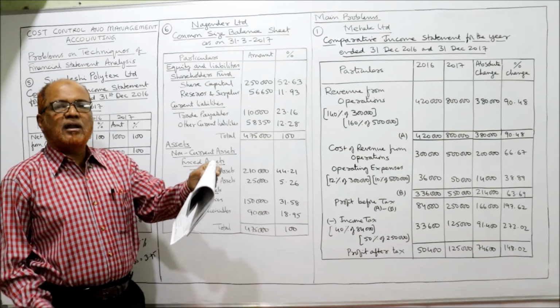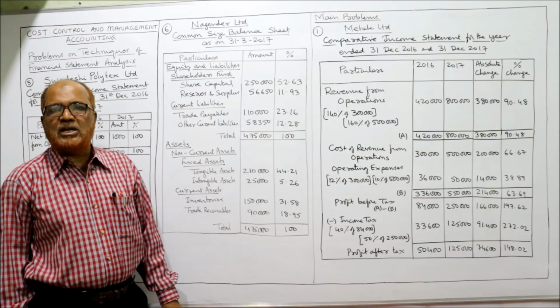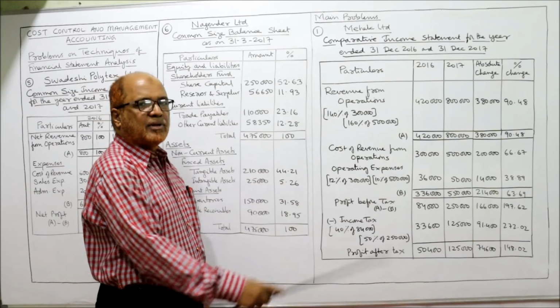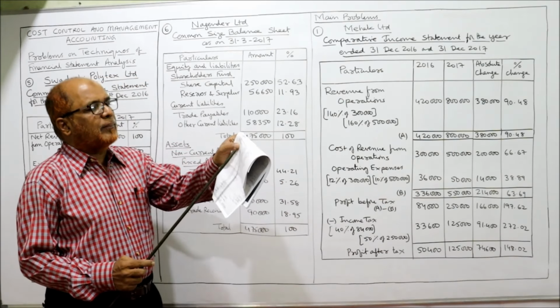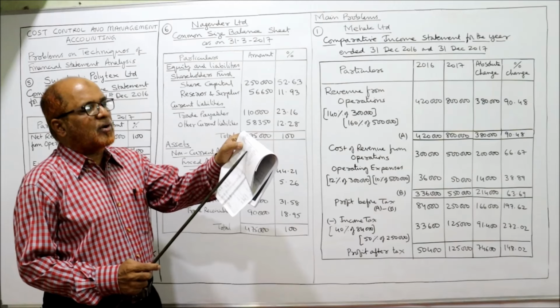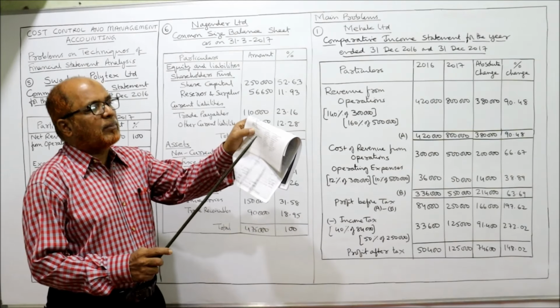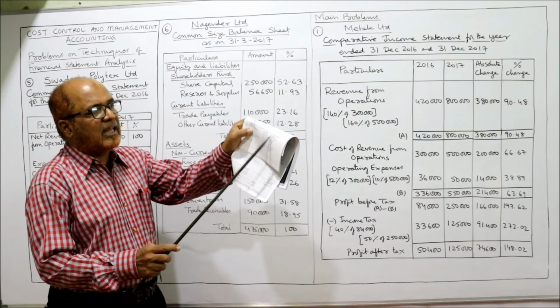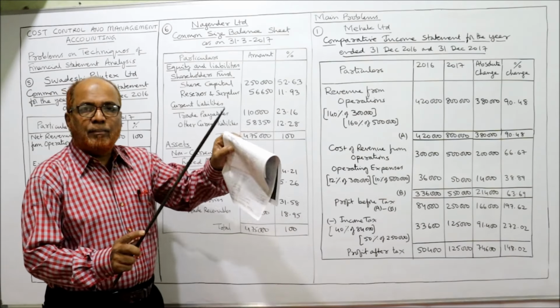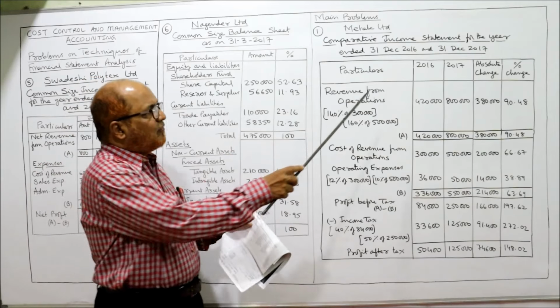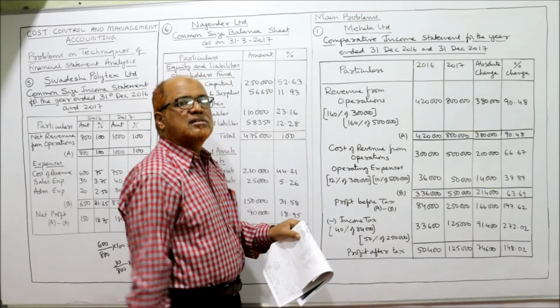Now first one, revenue from operations. What is given in the problem? 160% of cost of revenue from operations for 2017. In the problem, first 2017 is given, next 2016 is given. But we require first 2016, then 2017.